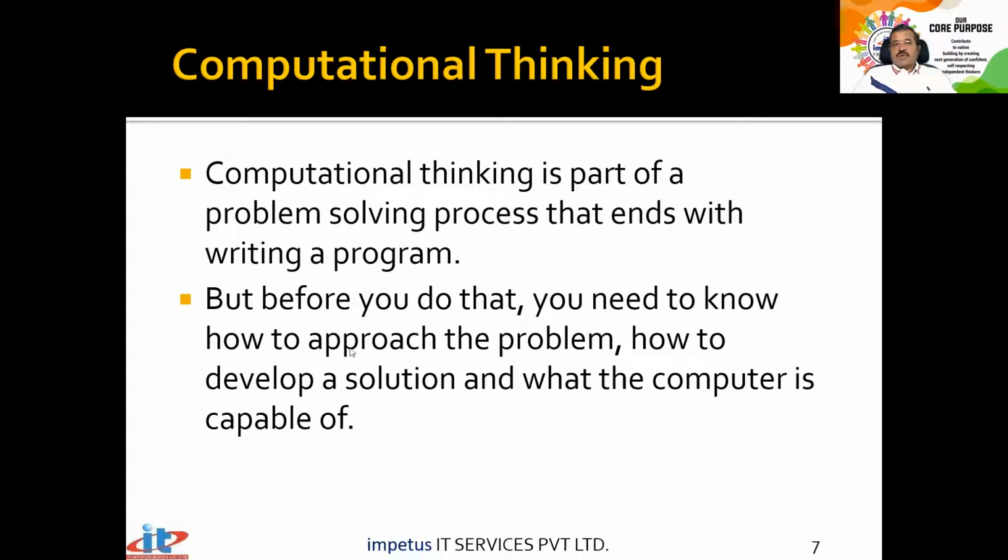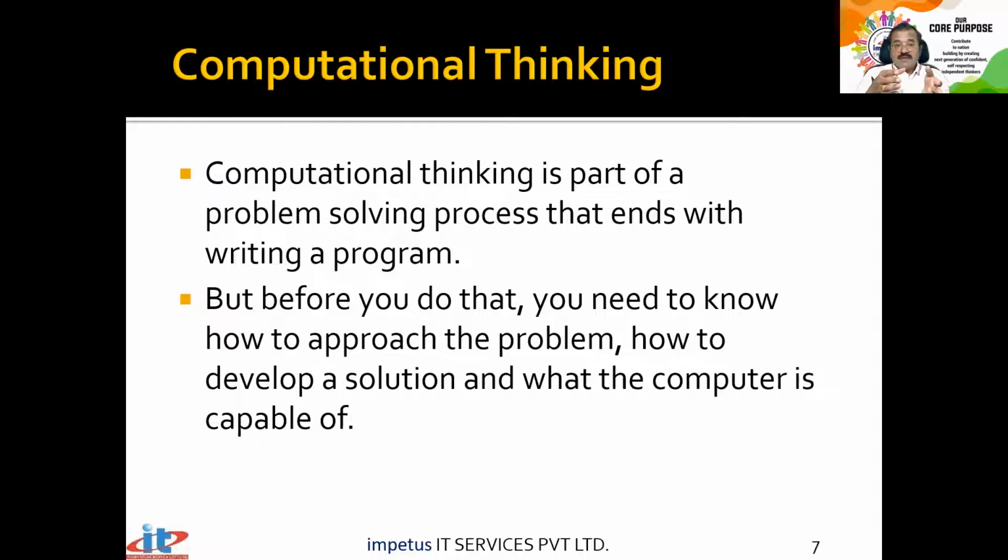But before you do that, you need to know how to approach a problem, how to develop a solution that the computer is capable of, and what the computer is capable of. So you can learn to solve a problem. It's not like you have to have that inherent ability, that your IQ should be such that you can come up with an idea. No. With a systematic approach that you follow to solve a problem, you can actually come up with a solution, and each one of you can come up with a different solution.